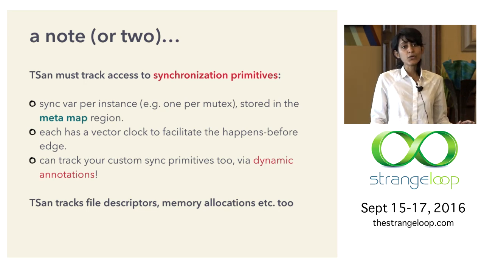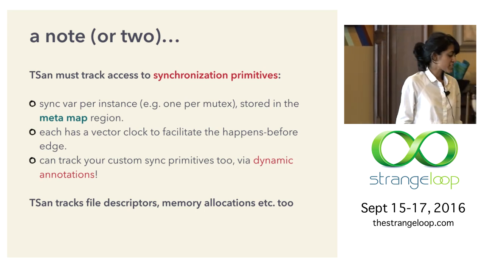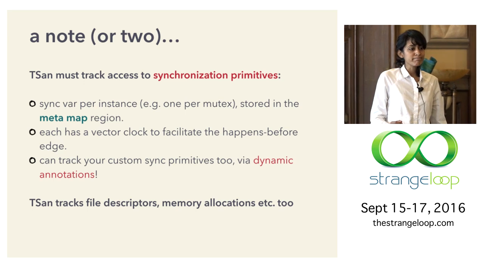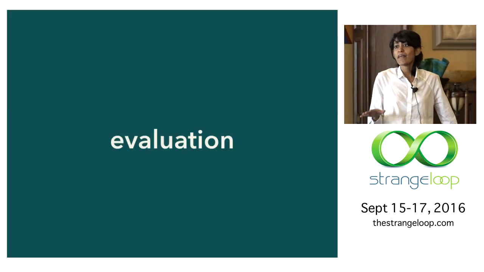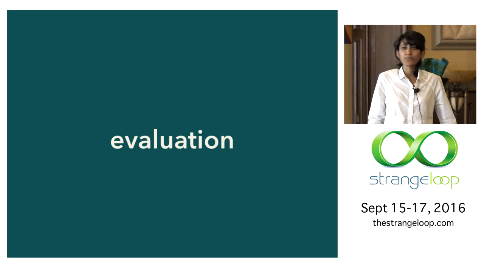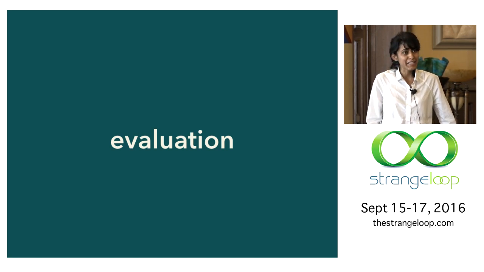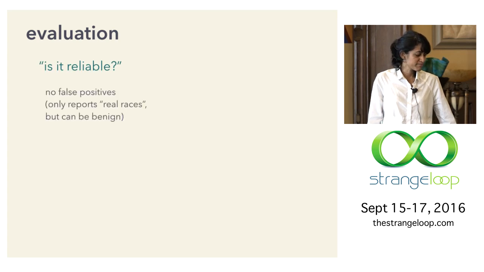The goal of this is so it doesn't report false positives. Speaking of false positives, let's quickly answer our remaining 2 questions. We know how it works, but we still want to know, is it reliable? Is the Go race detector via TSAN scalable? Well, first question.